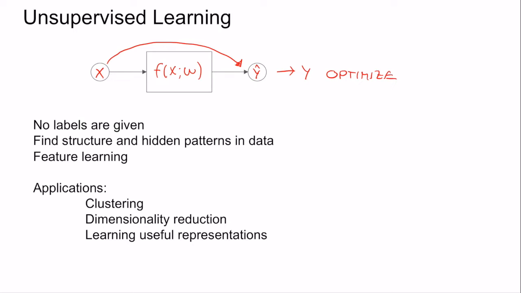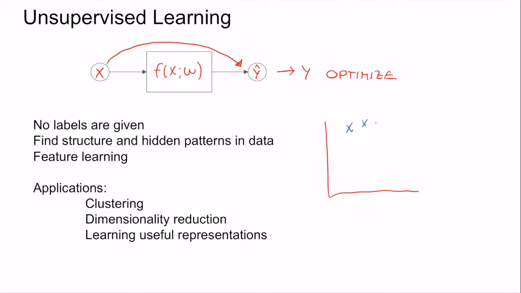And the most common application of unsupervised learning is clustering. So in clustering, we can have a data cloud, something like this.